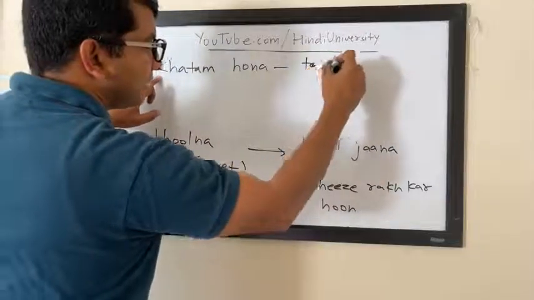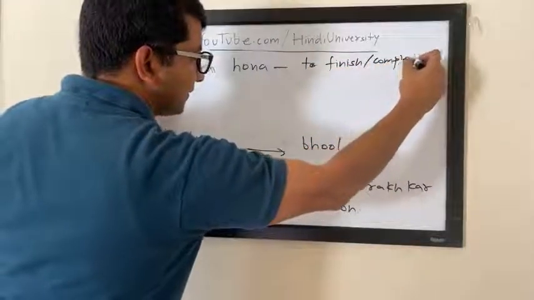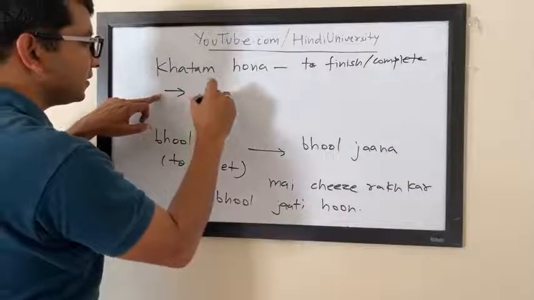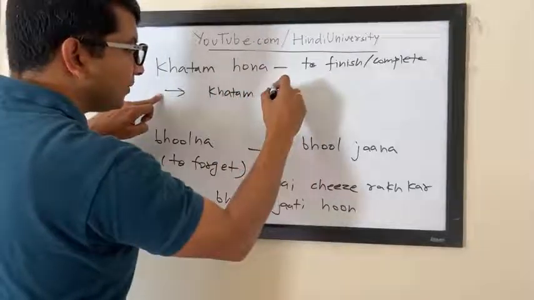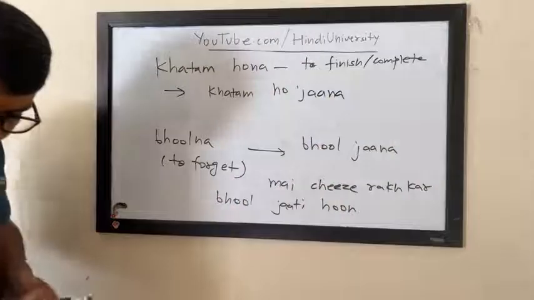To complete or to finish. And when you use it with JAANA? काम खत्म हो जाएगा. काम खत्म हो जाना. हो गया और हो जाएगा.